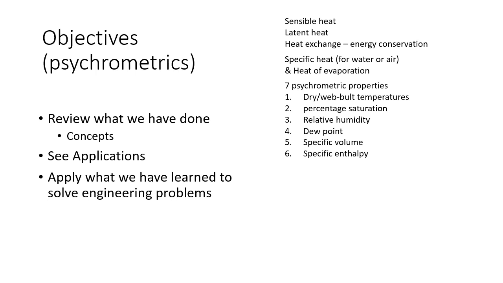So therefore, it has sensible heat for the mixture of air and vapor, and also latent heat. So it has two components. So these are the concepts, and associated with 3 major concepts, we have 7 variables, and the 2 specific properties for the air.